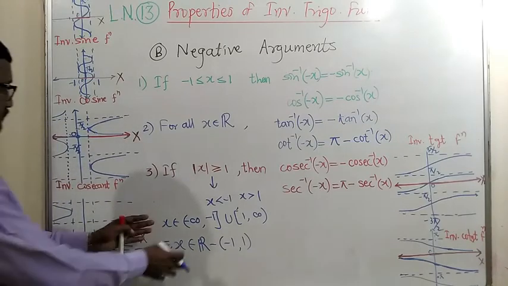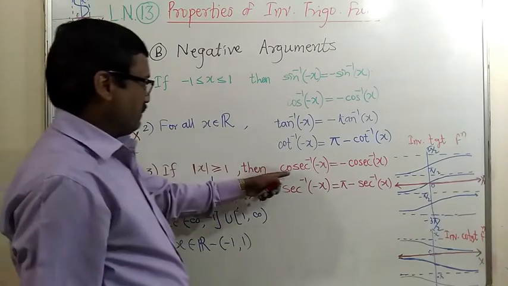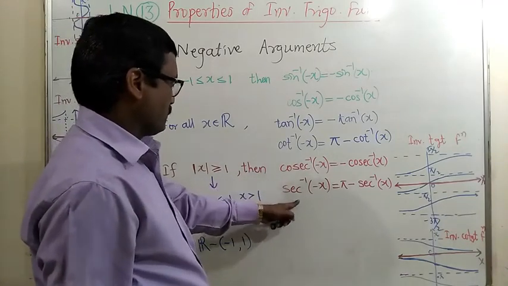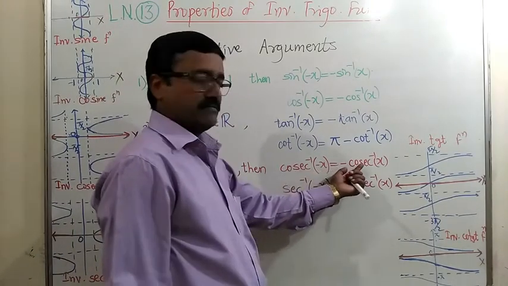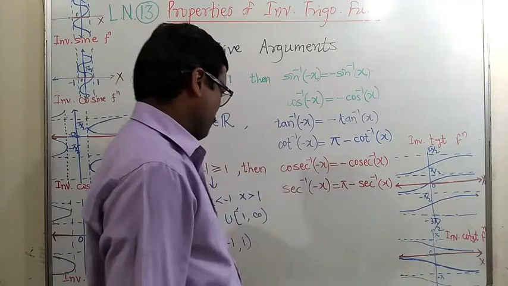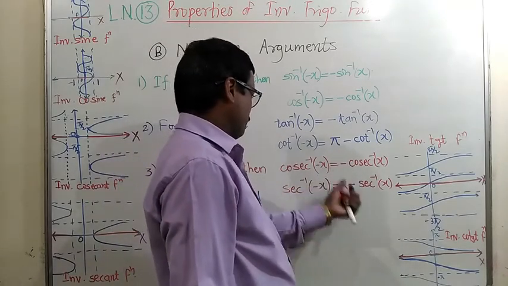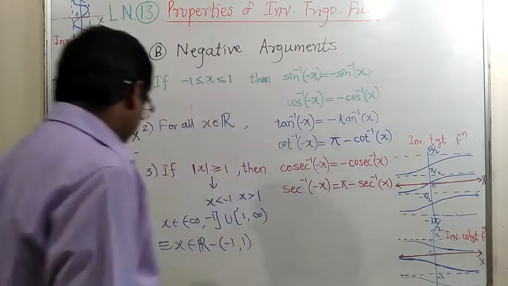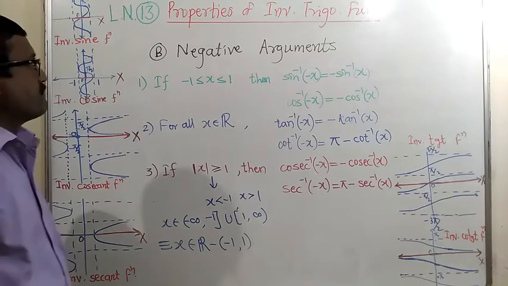So whenever x belongs to this domain, we can define cosec inverse and sec inverse. Whenever the number is negative, cosec inverse of minus x is minus cosec inverse x, and sec inverse of minus x is similarly minus sec inverse x. Okay, so this is the second type of properties.